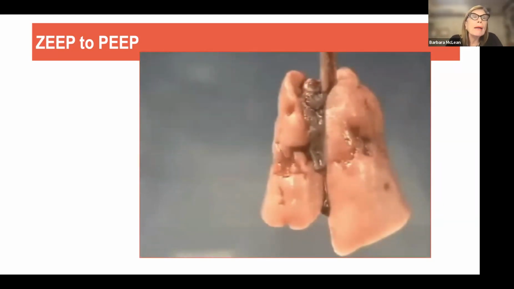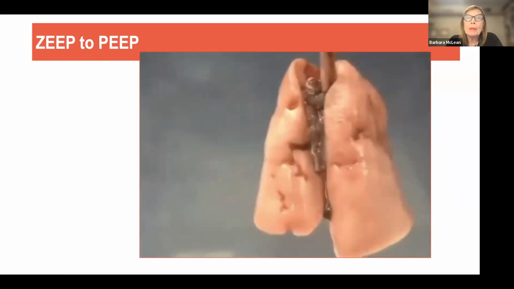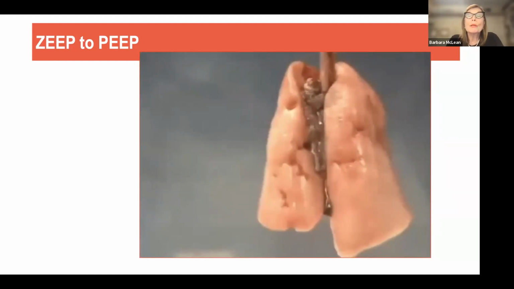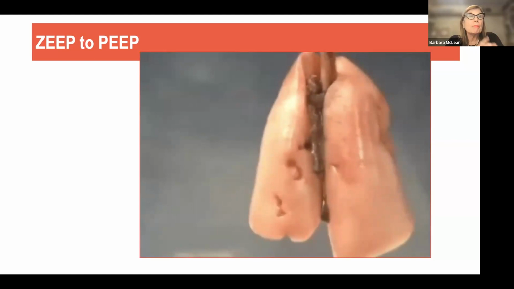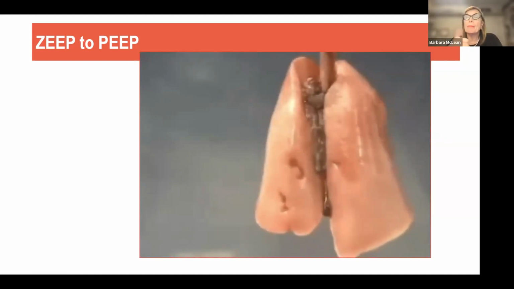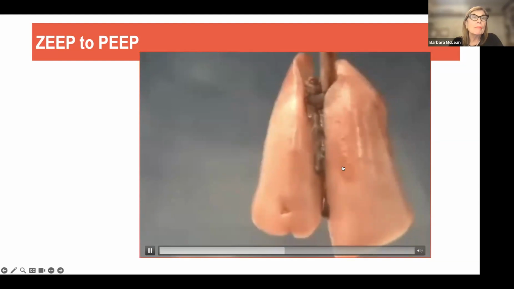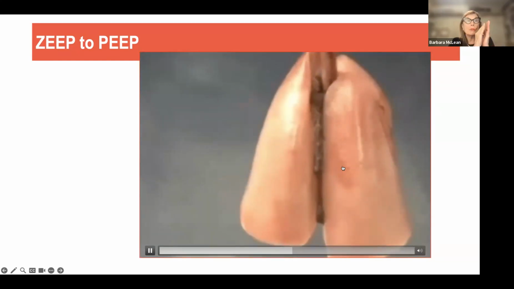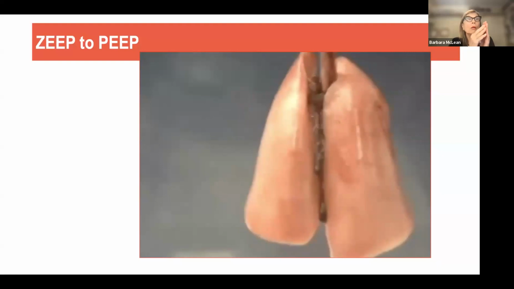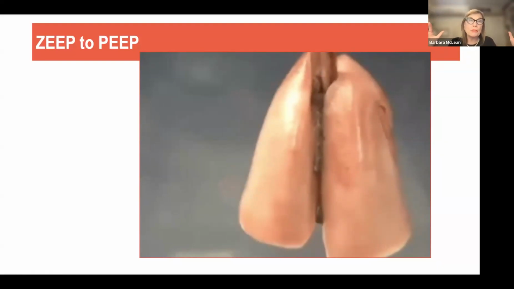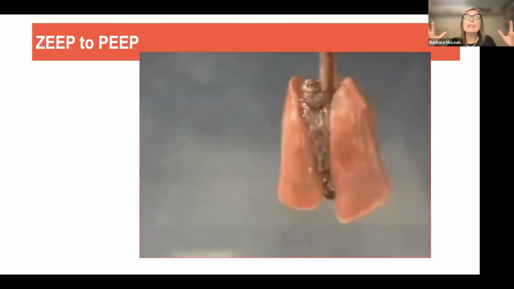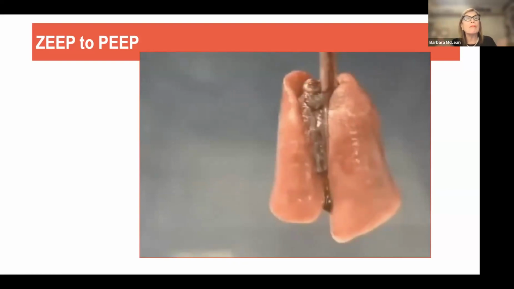And now I'm going to add to 15 of PEEP. And I'm going to be able to reduce my FiO2 to 50% with a better P to F and a better PO2 because I have now opened the lung. I took that small lung, which you saw in the first visual, and made it a normal size lung. Once that lung is open, I can reduce FiO2.